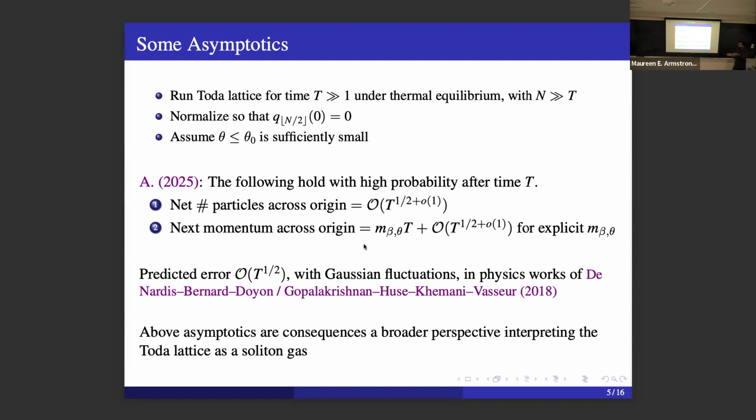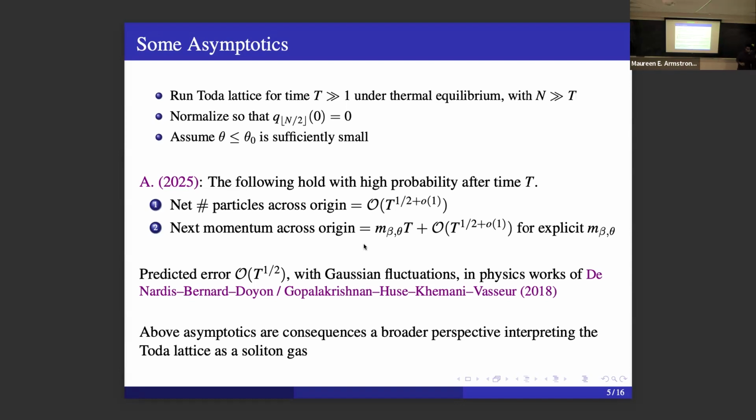Some number of particles are crossing the origin from left to right, and some are crossing from right to left. So you do left to right minus right to left. That's like the net current past the origin. And the claim is that this will be at most of order t to the 1/2, plus some lower correction. So it's almost diffusive. It's at most diffusive.